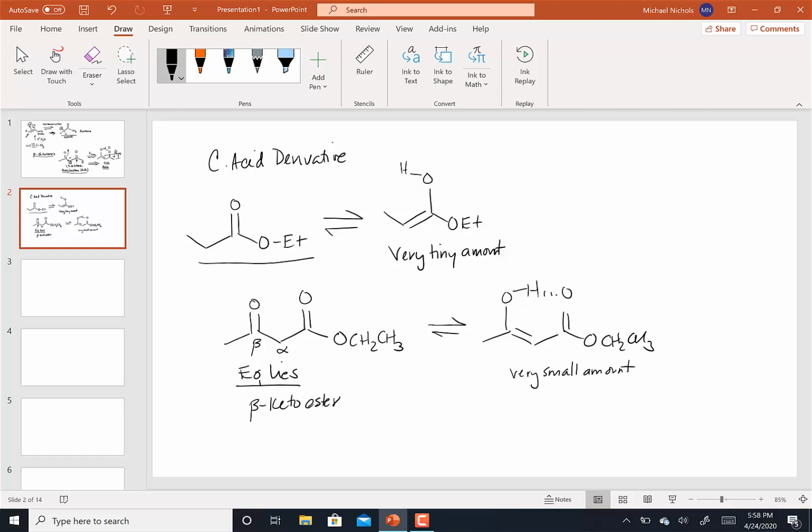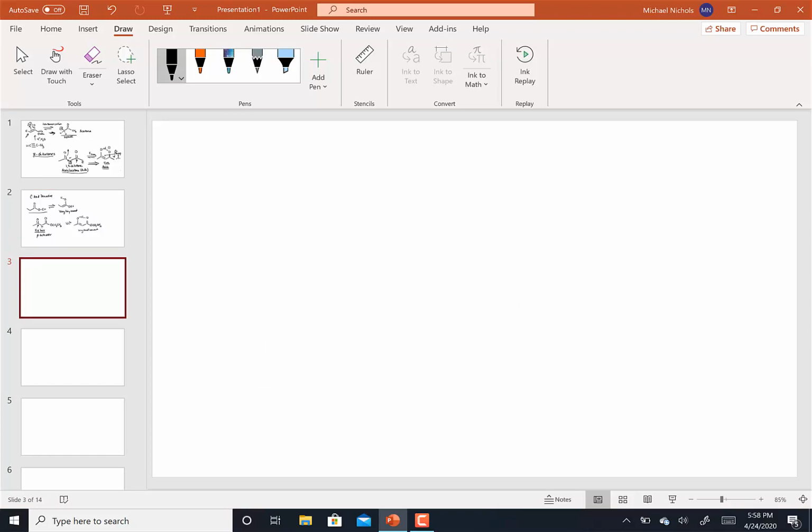So now let's talk a little bit about forming enolates using bases, and I want to throw in a kinetic versus thermodynamic discussion that's in the Top Hat book. So let's take that ketone, and we'll make it unsymmetrical so that it has two different alpha hydrogens that can be removed by a base.